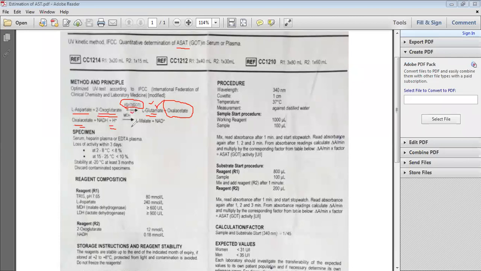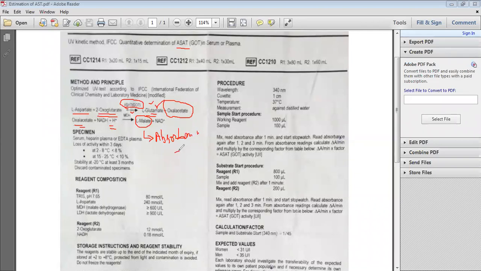It is another enzyme, and the product will be L-malate and NAD. Now L-malate is the active compound, and you will take the absorbance of L-malate by using a spectrophotometer. After taking the absorbance of L-malate, you can find the quantity or activity of AST in the serum sample.